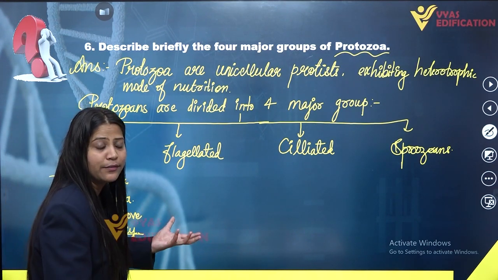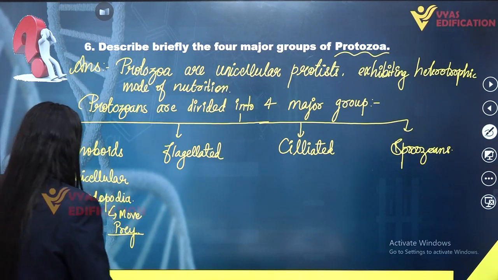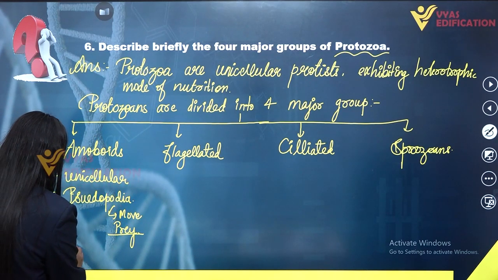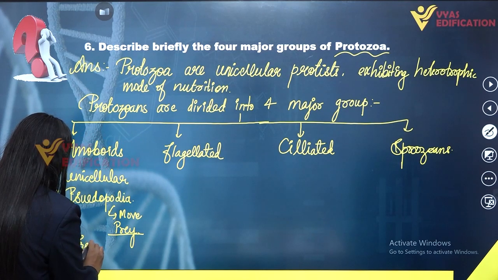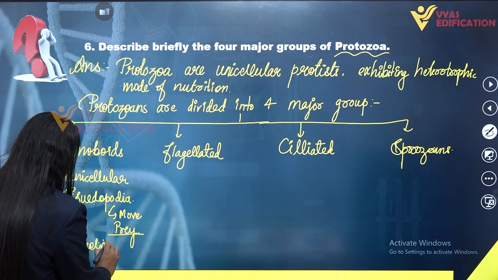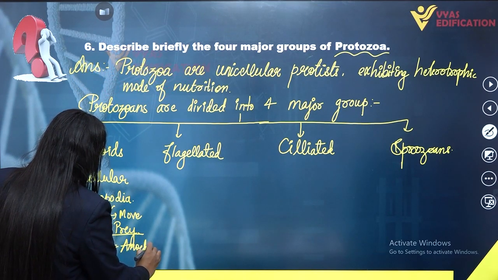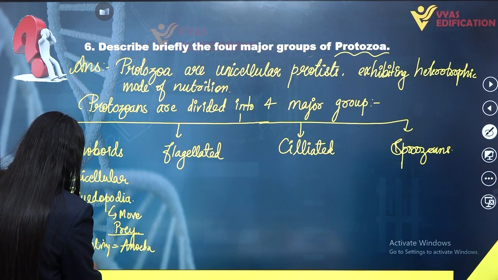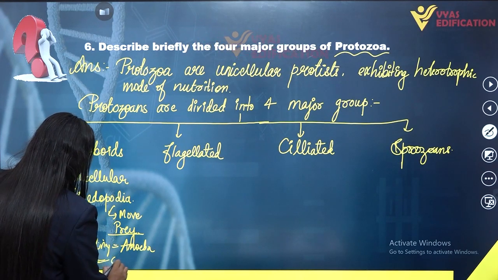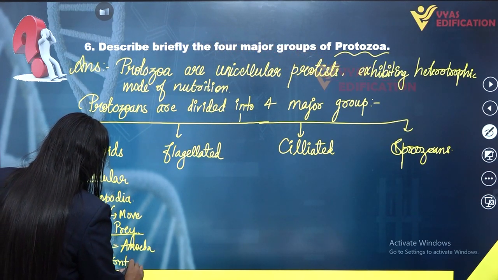They can be free living or they can be parasitic in nature. If we are talking about the free living, example is amoeba, and the parasitic form we have is entamoeba.